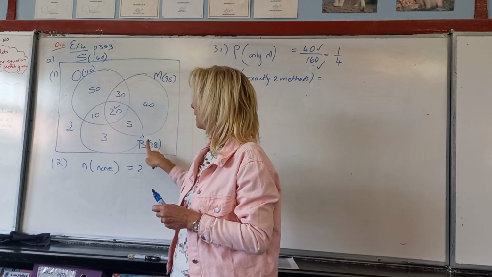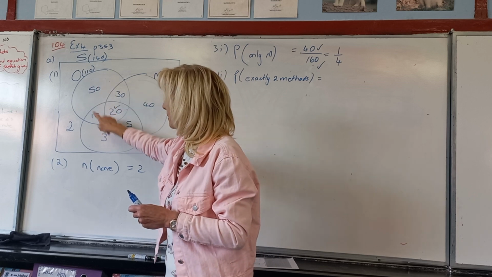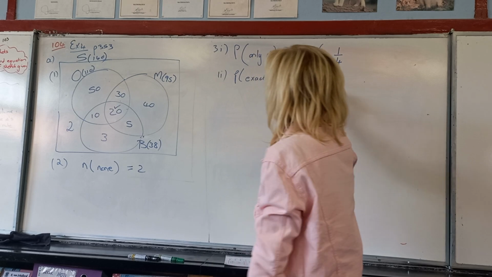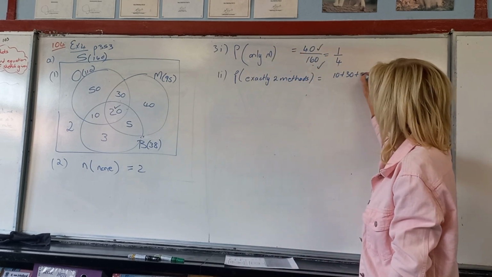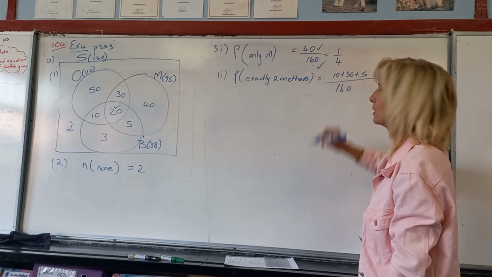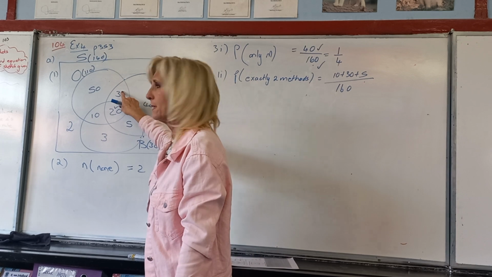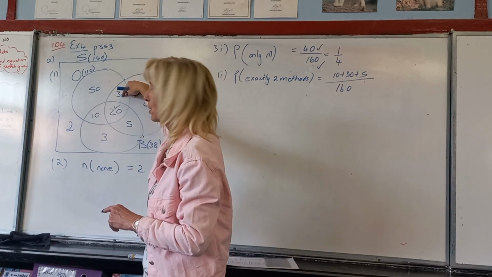These use microwaves and braais. Exactly 2. These 10 people use ovens and braais. Exactly 2 of them. So it's a good idea, like I taught you, to write 10 plus 30 plus 5. Why is this a good idea? Because you might have messed this up. You might have put 50 there, and then everything else fell apart because you thought the 50 should go there.